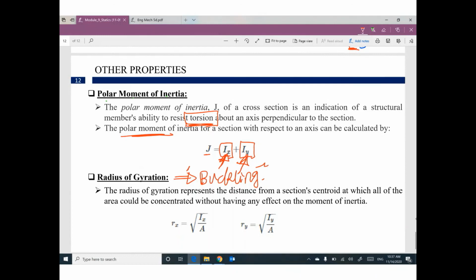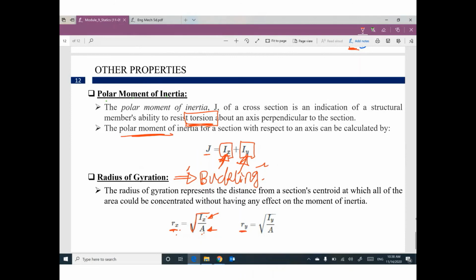We have small r, rx, ry, small r equal square root of Ix divided by area. We have the area of the cross section and Ix. If you divide this value by this value and take the square root, you get the radius of gyration about X.